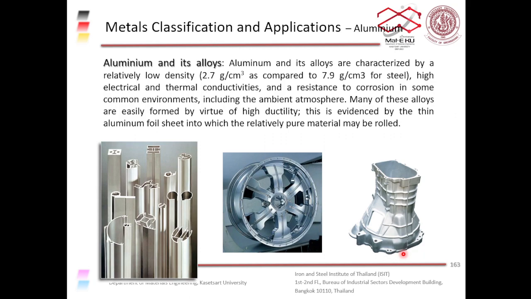Why don't they choose copper? Copper edges it just a little bit in terms of conductivity. Aluminum is a bit more expensive than copper, but aluminum is chosen for high voltage electrical power lines because of the low density.